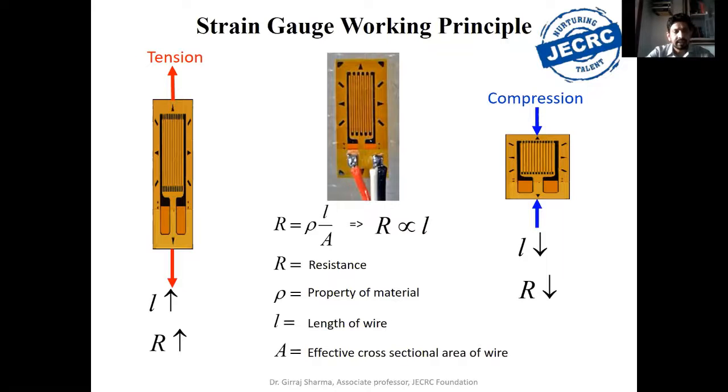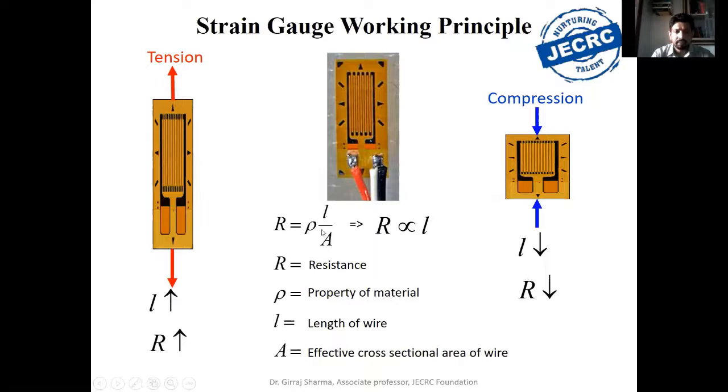When a tensile force is applied, it increases the length, and hence the resistance also increases. On the other hand, if compression is applied on the strain gauge, the length of the wire reduces, hence the resistance of the wire decreases.